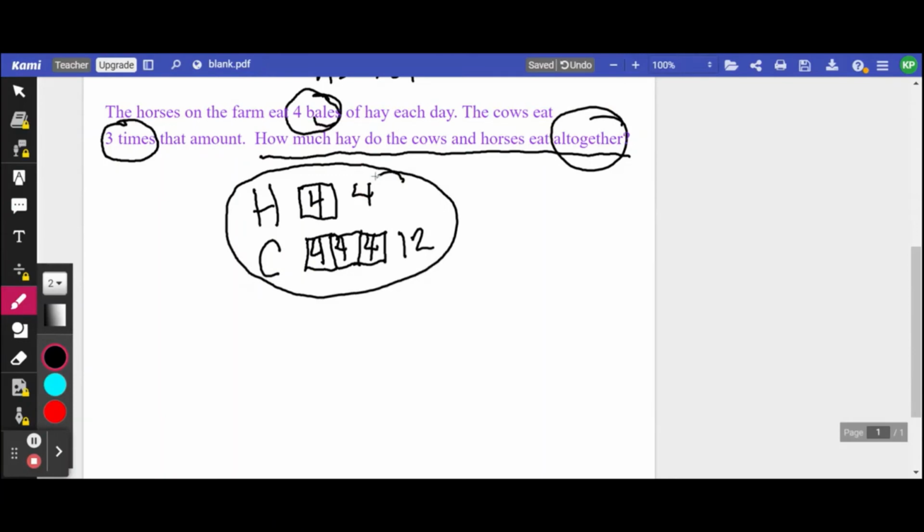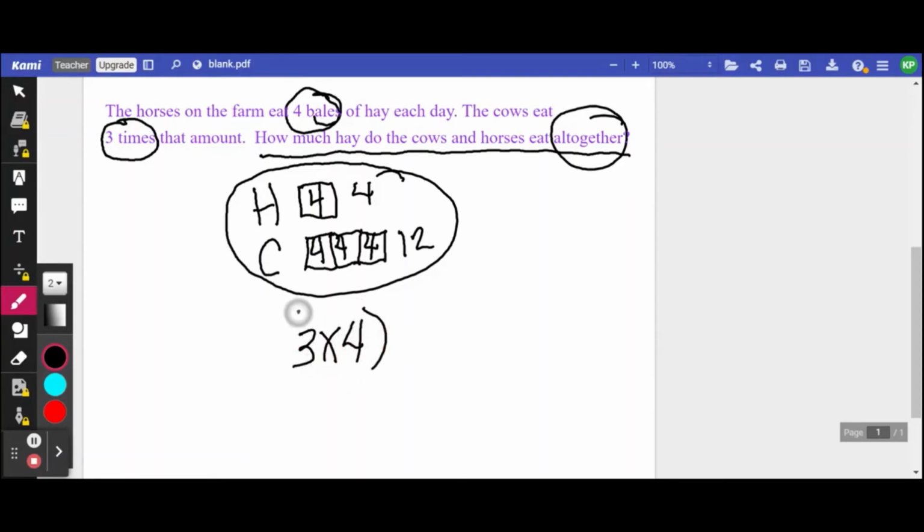So if I want to write my equation, for the equation, we would have exactly what we're looking for here. So we're going to see what we did with the cow amount, right? So that was 3 times, right? So we had 3 times the number 4, and that was for the cow. I'm just going to put that in parentheses just to show that's the first thing that we did.